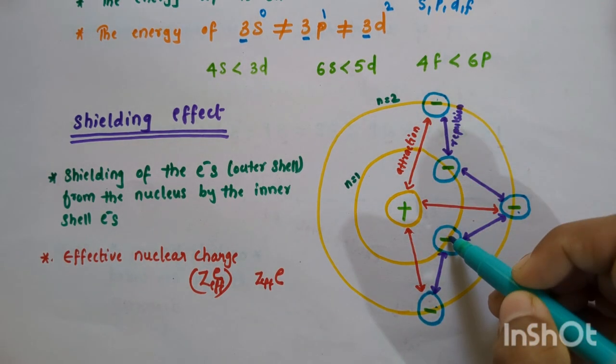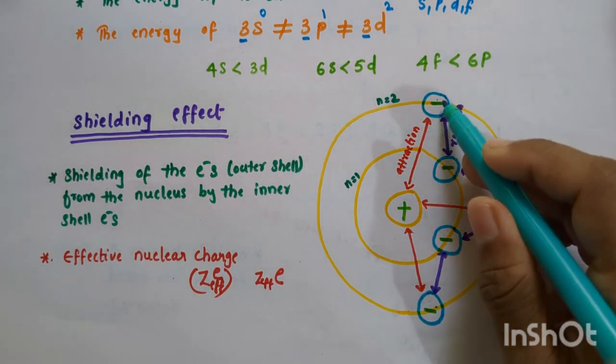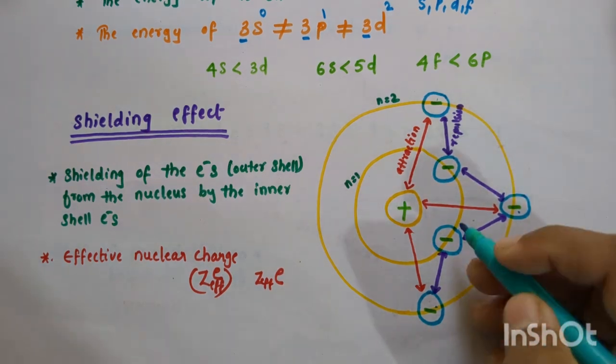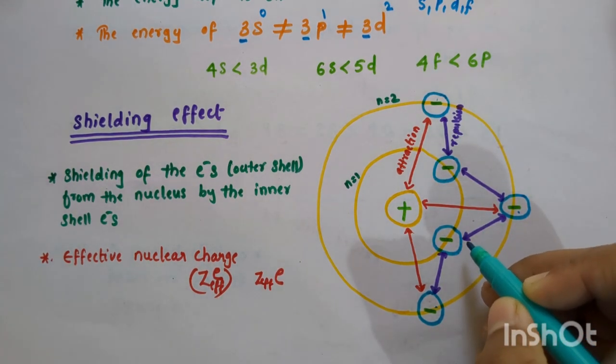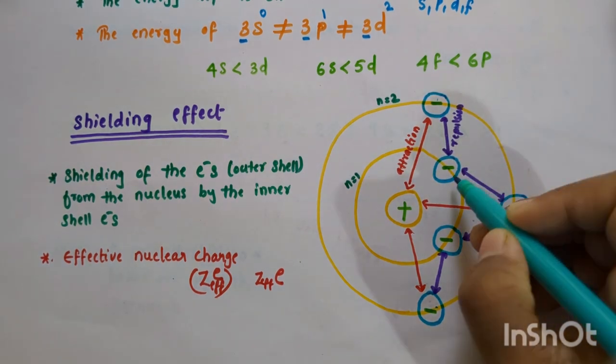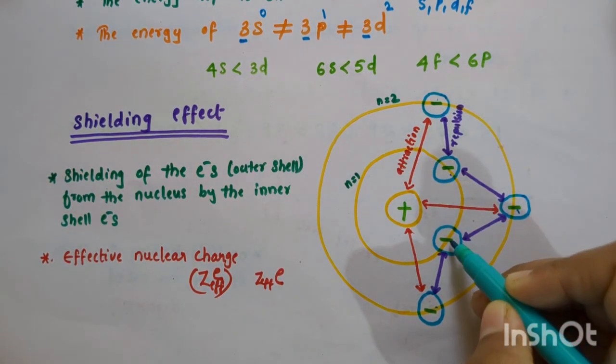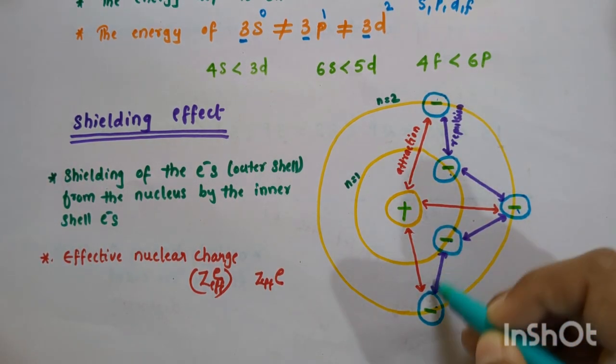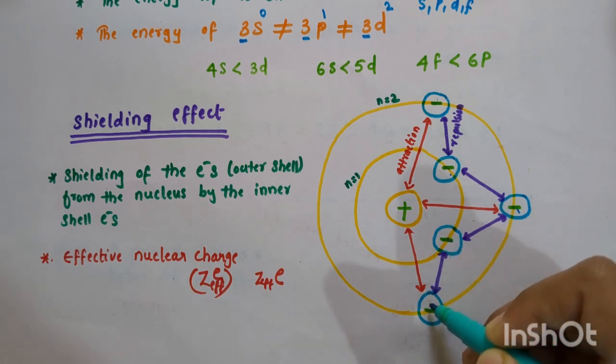But there are inner electrons which have the same negative charge as the outer electrons. So there will be a repulsion between the outer electron and the inner electrons.